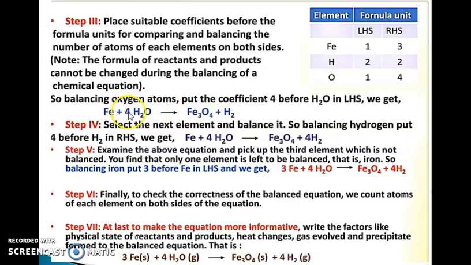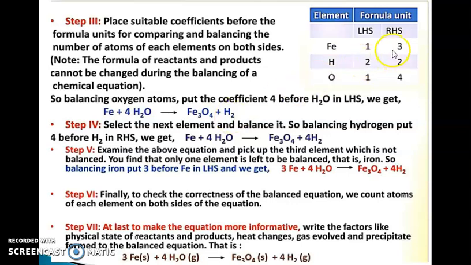Again, don't look at 4. Only see the total number of atoms of oxygen present on the LHS. A single atom of oxygen is present here because nothing is written in subscripted form along with the oxygen. So the total number of oxygen is 1 on the LHS. Similarly, the total number of oxygen present on the RHS is 4.